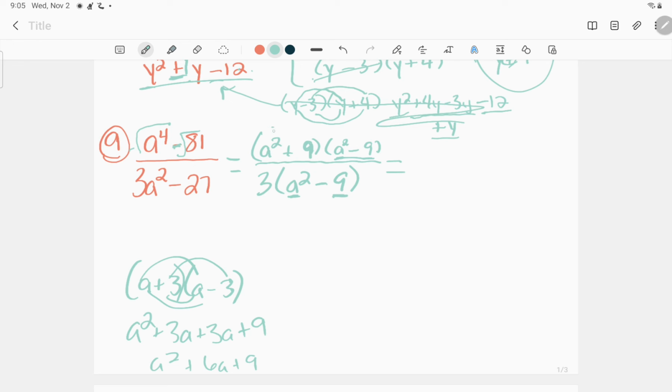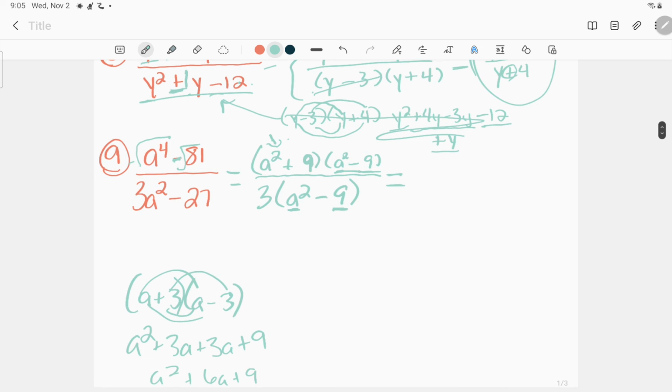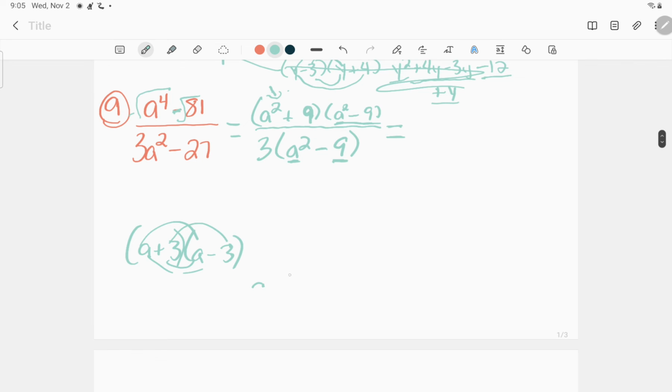So this right here is completely factored. You cannot factor it anymore. But you can factor this one again, because when you do, you're going to come up with a plus 3 times a minus 3.